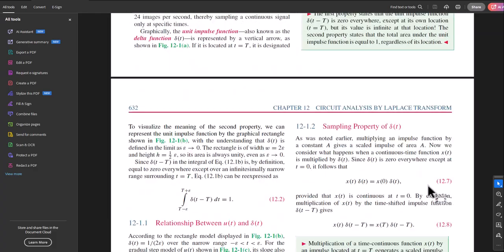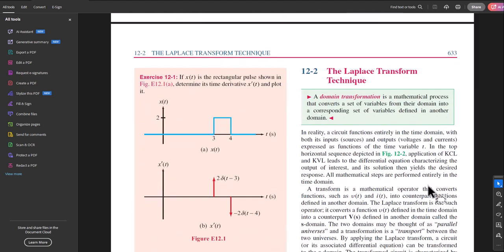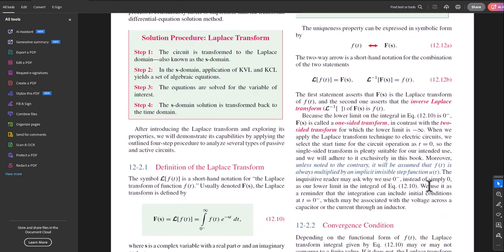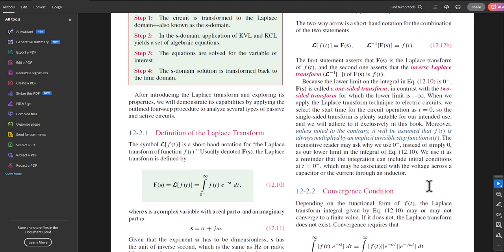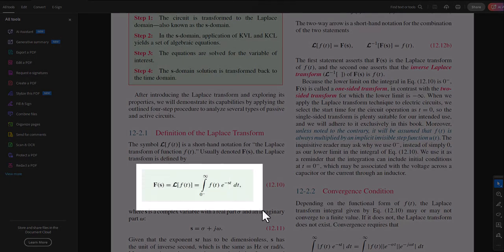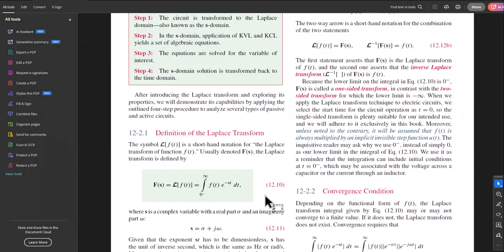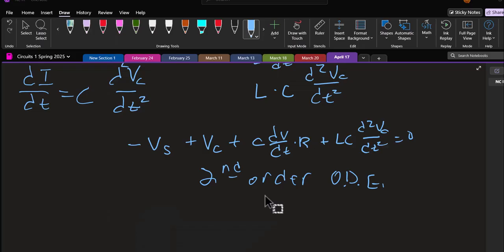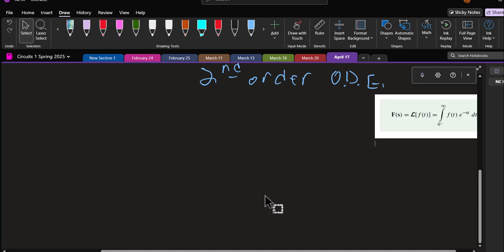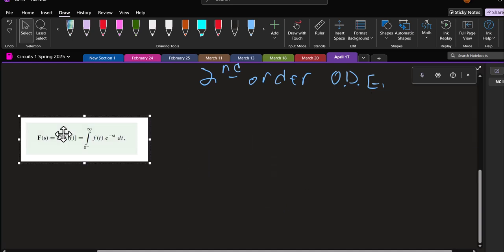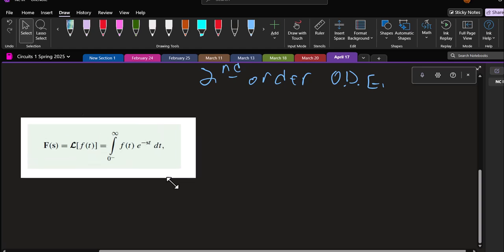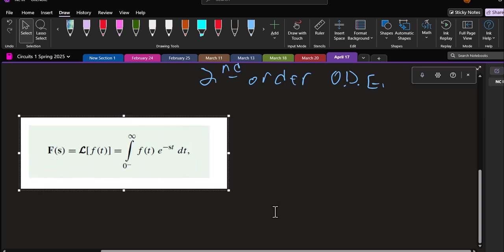Okay, so what the Laplace transform is, right here, this is the definition of a Laplace transform. In this class, you won't have to use the definition, but you'll notice it is in bold, so that's how you know you've got a Laplace transform.